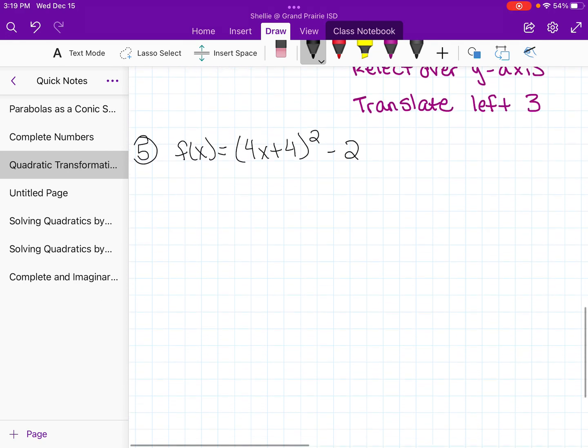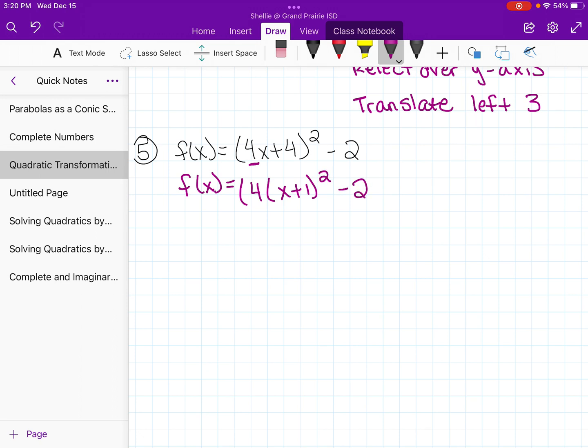First, this is an equation. I notice that it has f of x instead of y, but that doesn't make it not an equation. I have a number in front of x inside the parentheses, which means that number needs to be factored out. So I'm going to change that to 4 times x plus 1 squared minus 2.